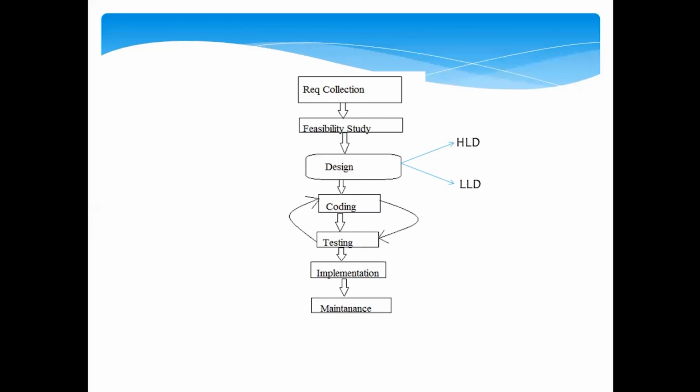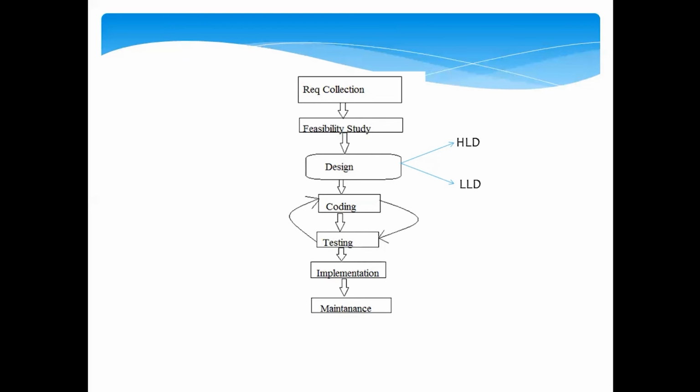But I can suggest this waterfall model is not suitable for all projects. If you are going to do a single-time activity, for example, if you're planning a particular tour application or a ticket booking application, the waterfall model can be followed, because the requirement is not going to keep changing.